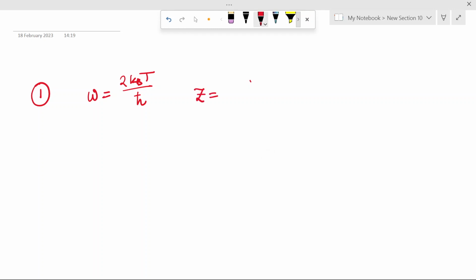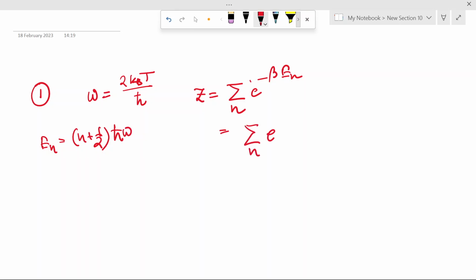The partition function Z is the sum over all the energy levels of e to the power minus beta En, and the energy of a harmonic oscillator is given as (n plus half) h cross omega. So we can write it as the sum over n of e to the power minus beta (n plus half) h cross omega. You can bring out e to the power minus half beta h cross omega, then write the sum of e to the power minus n beta h cross omega.